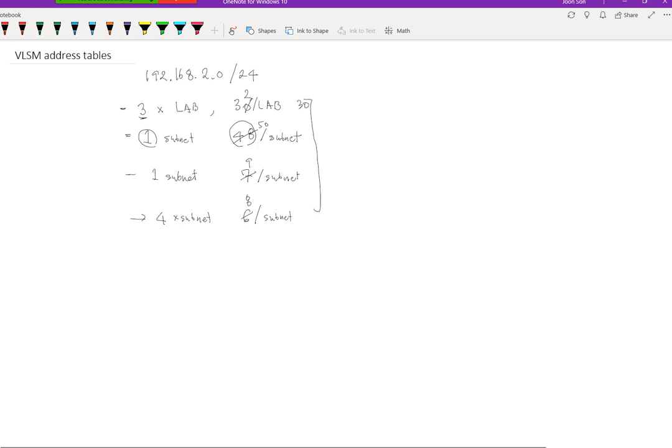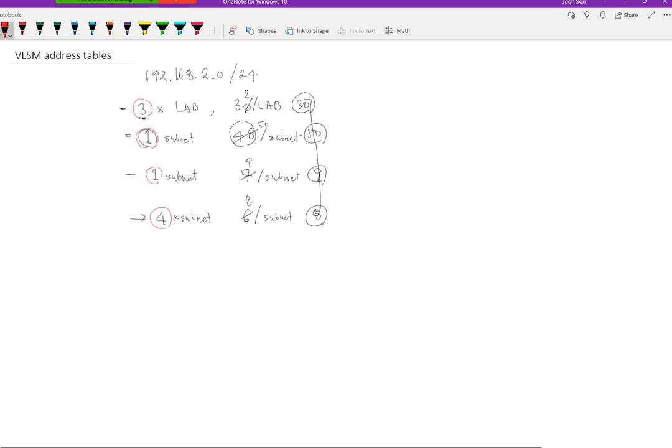So I need 30, and this is 50, and then 9, and this one is 8. Then how many subnets do we need in total? We need 3, 1, 4, 1, that is 9 subnets in total.